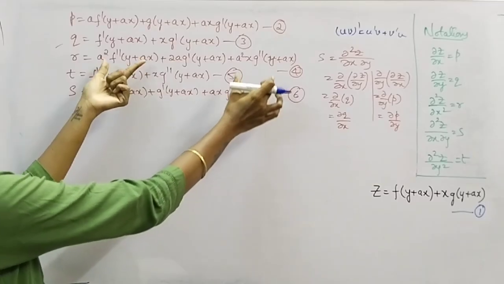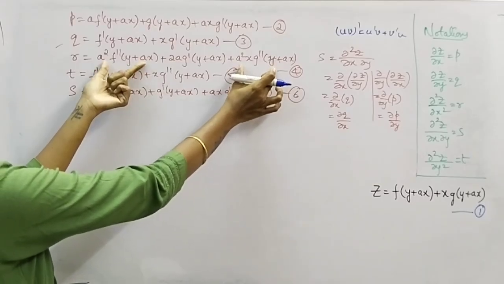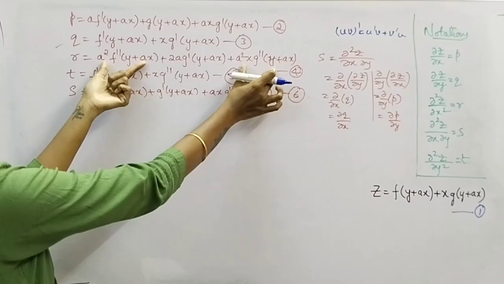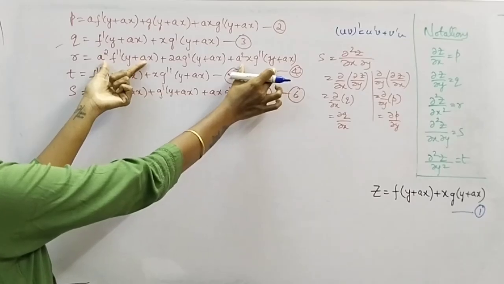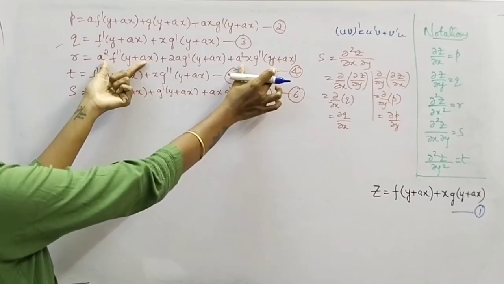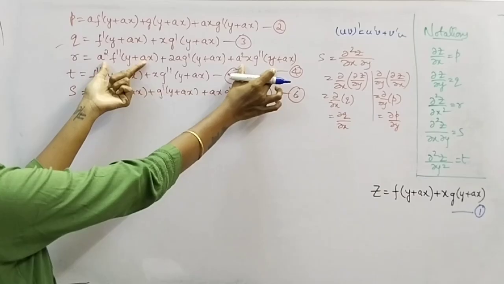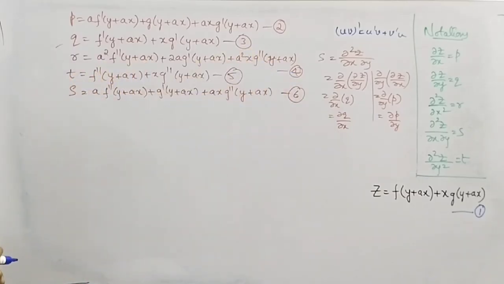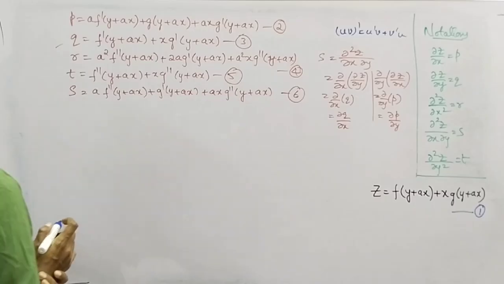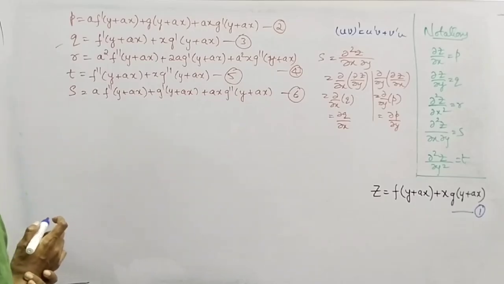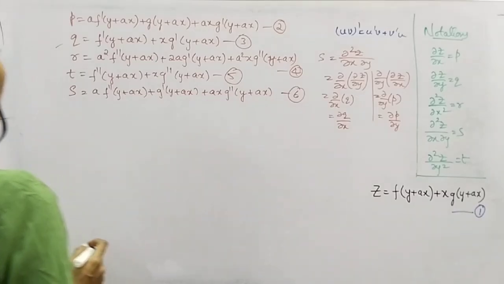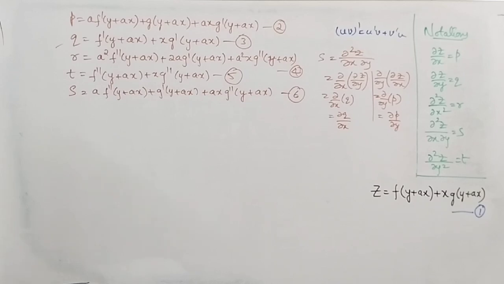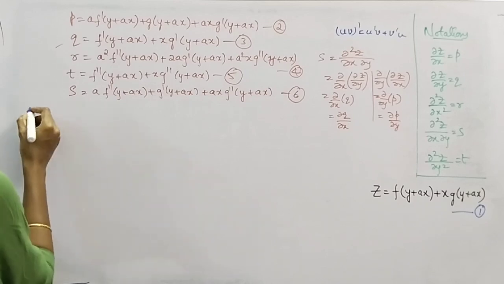Likewise here also we have a square f double dash plus a square x g double dash. By taking a square common from these two terms, we'll get a square times f double dash plus x g double dash, which can be replaced by t. So now we'll start with t, and let's see what happens then.